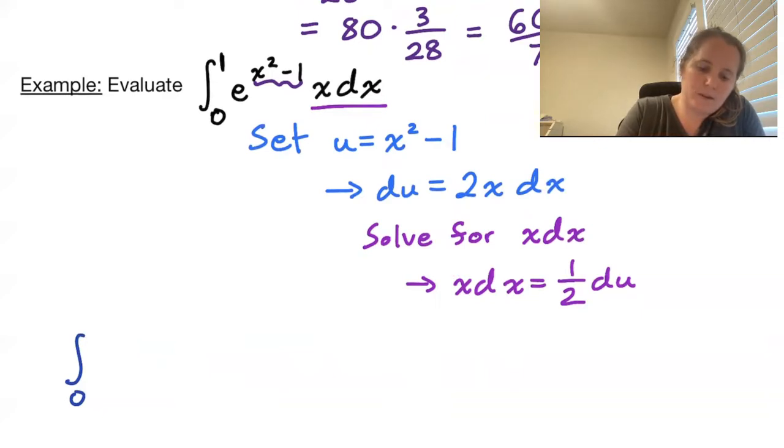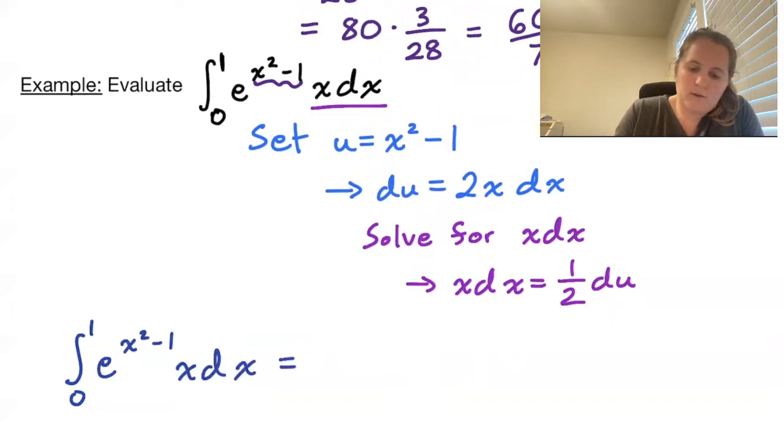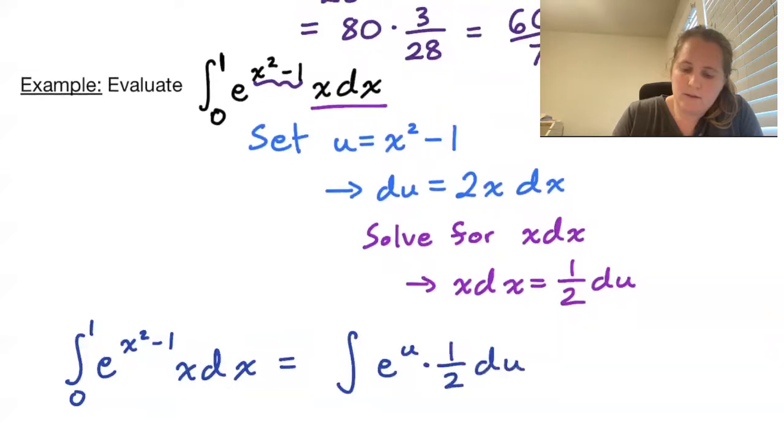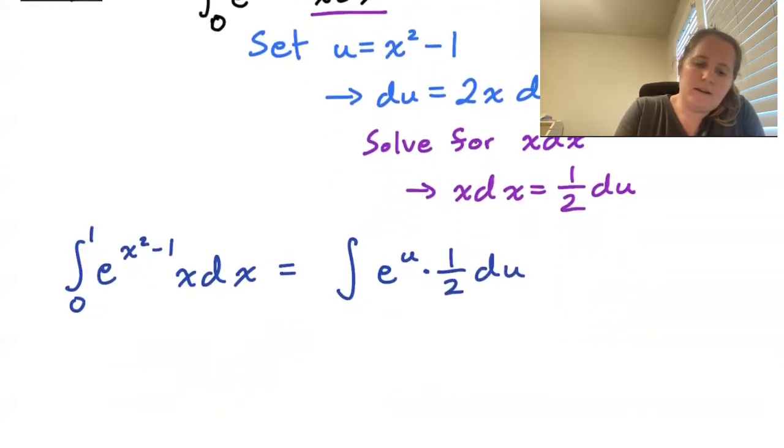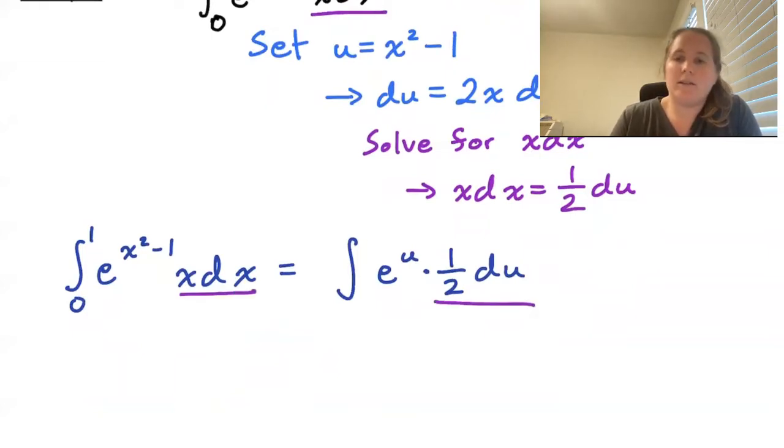Let me do that. The integral from 0 to 1 of e to the x squared minus 1 times x dx is equal to the integral from something to something of e to the u times 1/2 du.